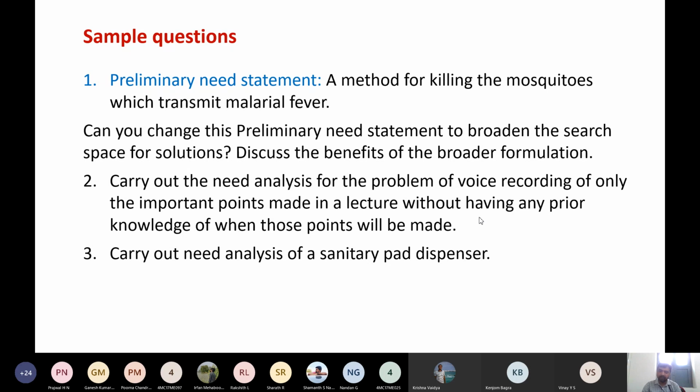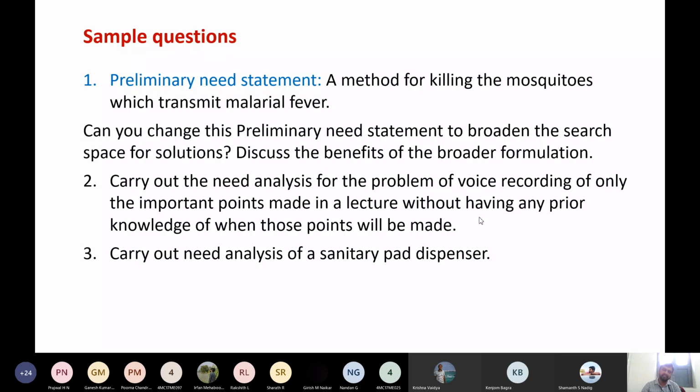Then you have to think about the capacity: how many sanitary napkins should be accommodated in that system, whether it is 50, 100, 150; that is another specification. And then what is the time taken to dispense one sanitary napkin at a time.